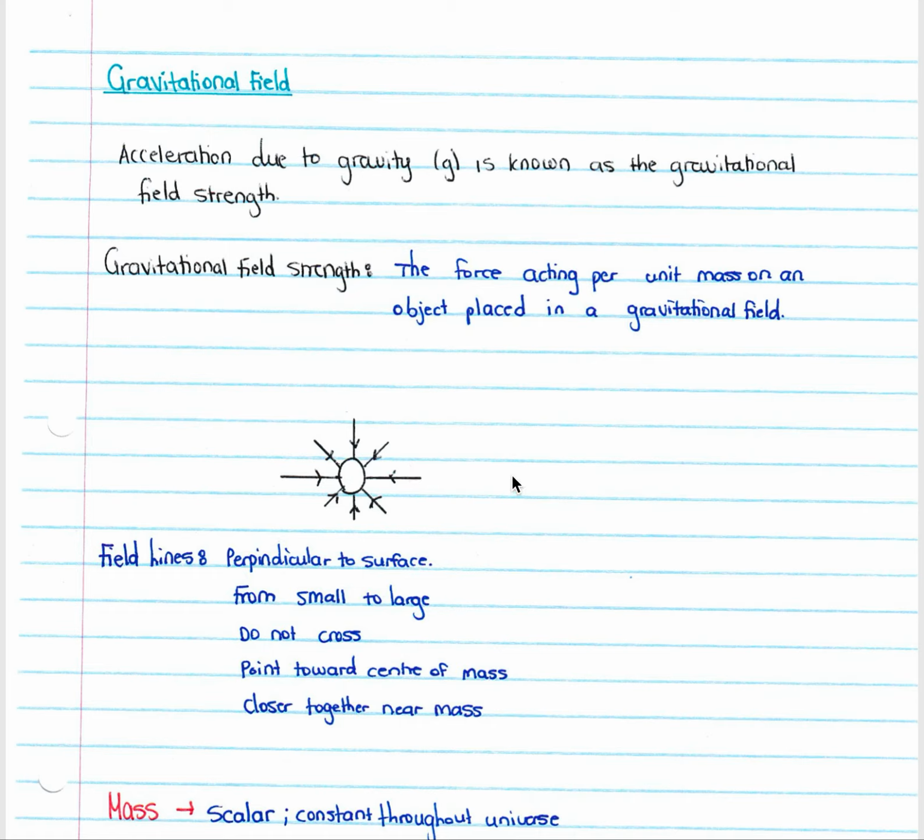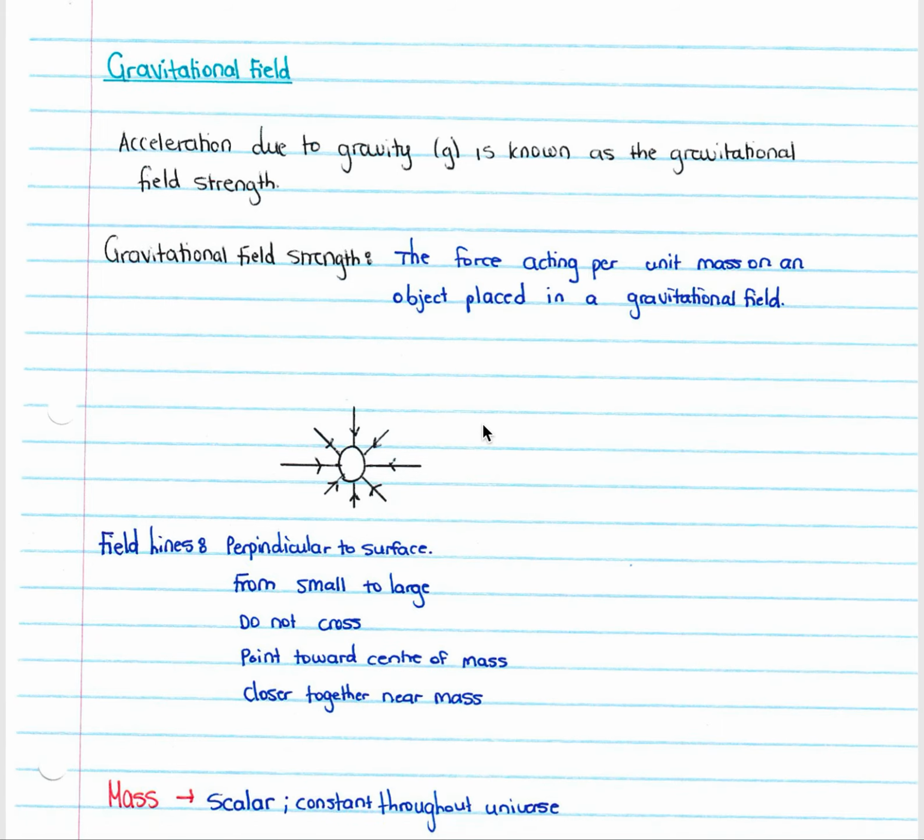If you have two objects, your field lines must always go from your smaller to your larger object. Your field lines never cross. They point towards the center of the mass, and they are closer together towards the mass, and further away they are more spread out and further apart.